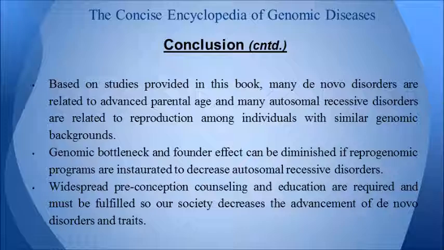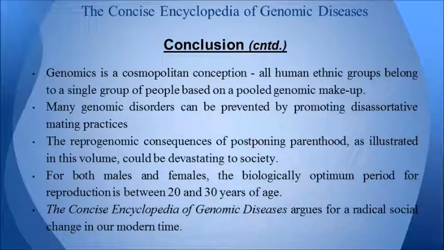The author of this book does not encourage the traditional geopolitical separations according to nationality and race. In fact, there is almost no reference according to nationalities in the entire book. Genomics is a cosmopolitan conception, since all human ethnic groups belong to a single group of people based on a pooled genomic makeup.